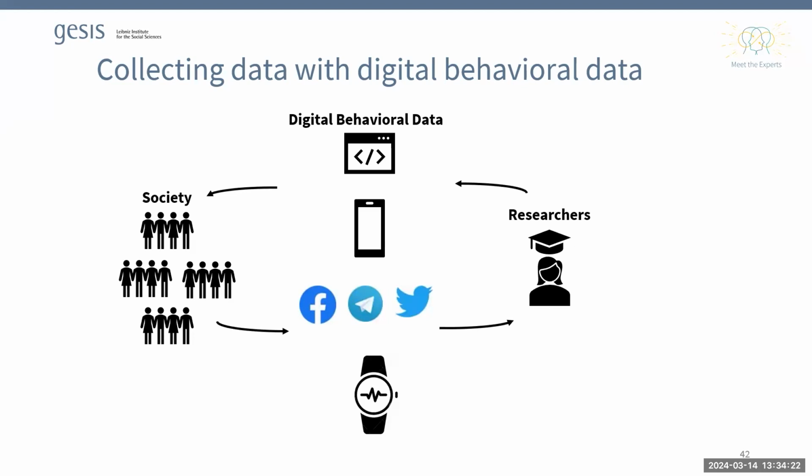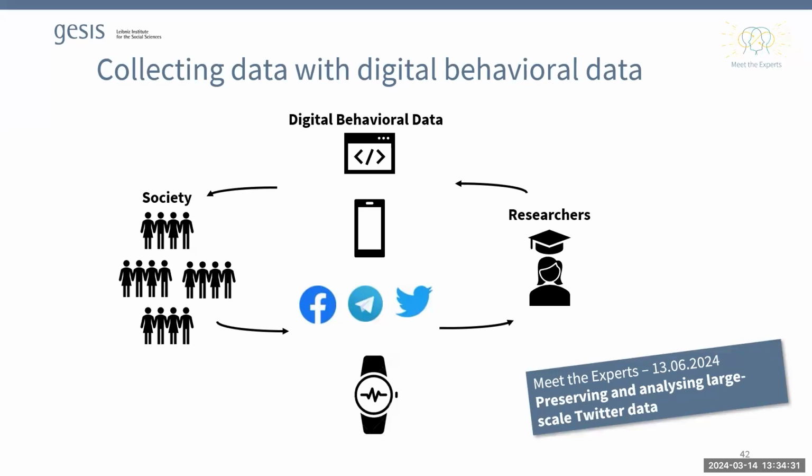And we could also look at physiological data, which nowadays comes from smartwatches, for example. There's also another talk in June, so if you're interested in how this data can be collected and what the challenges are in preserving all that data, there's this talk also in this series.